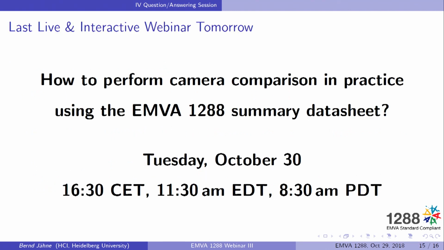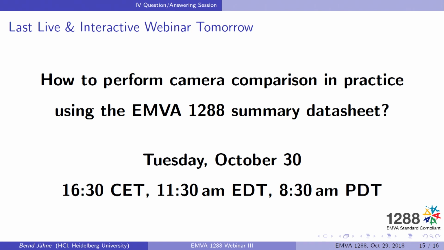So tomorrow we will have our last live and interactive webinar. And we will use then all the knowledge we have gained through the series of the first 3 webinars, and we'll put together our knowledge about the standard and how basically what kind of degradations you can have in an image sensor, and the knowledge about the application, how to perform then a camera comparison in practice, using the EMVA 1288 summary sheet.